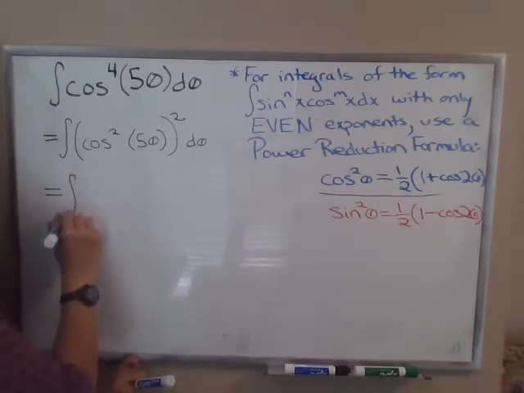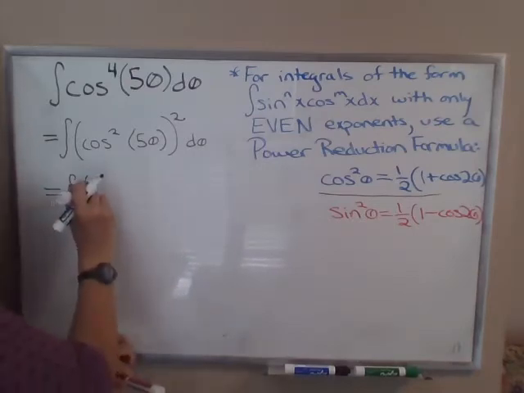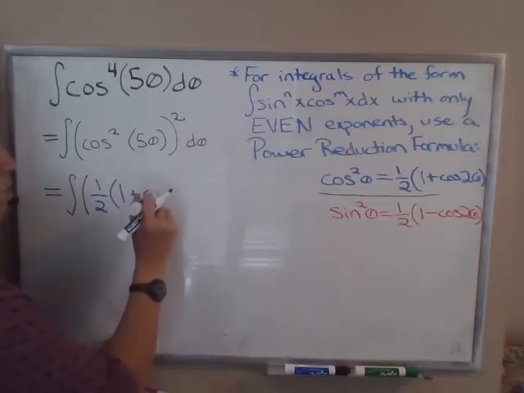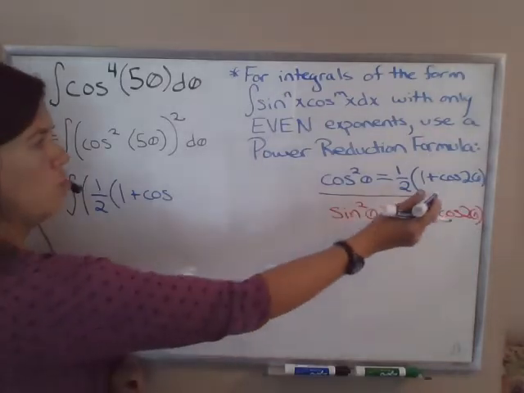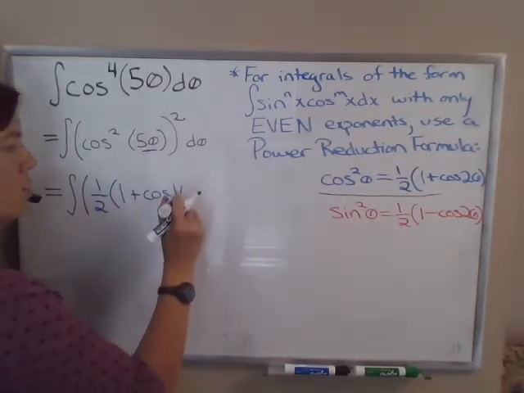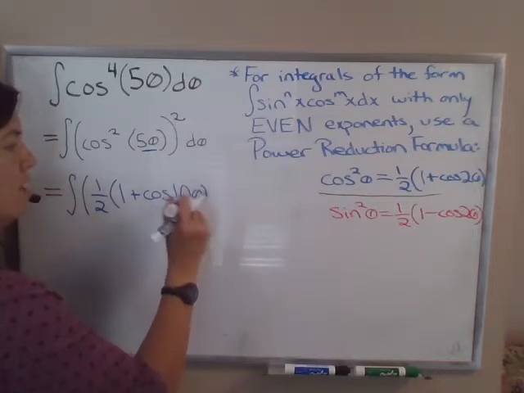And so now if we apply power reduction, that's 1/2 times 1 plus cosine of double the angle. So if we're looking at 5 theta right now, this will be cosine of 10 theta.